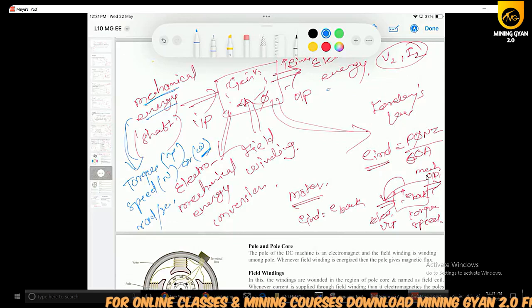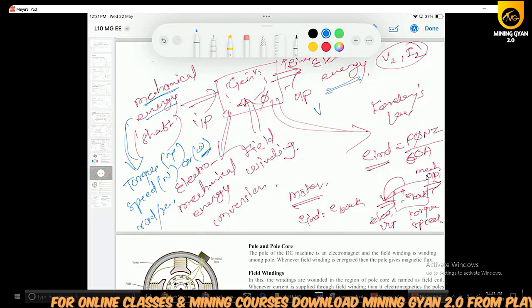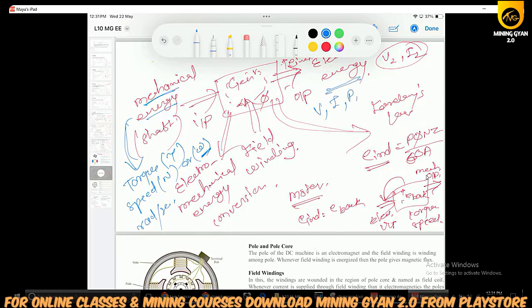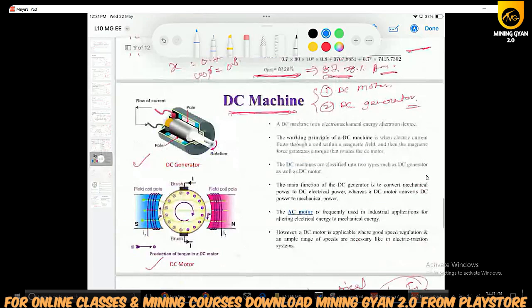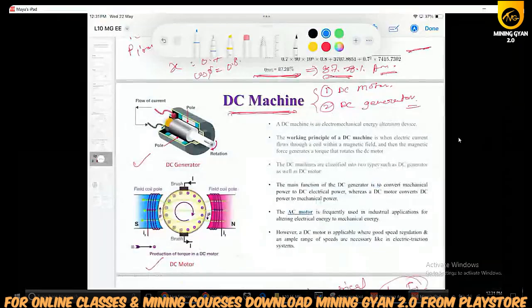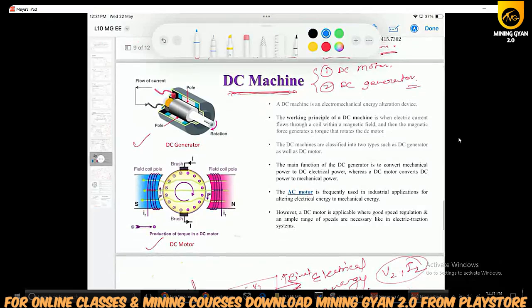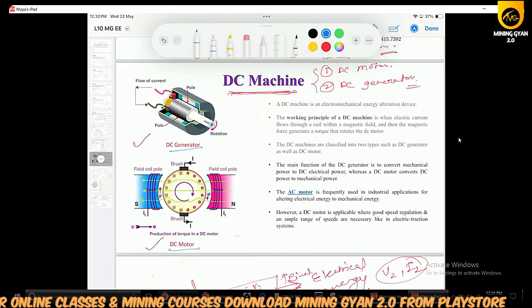Electrical energy will be measured in terms of voltage, current, power, or energy. So slowly we will see these things. Let us see what a DC machine is. There are two types of DC machines: first, the DC generator, and second, the DC motor.